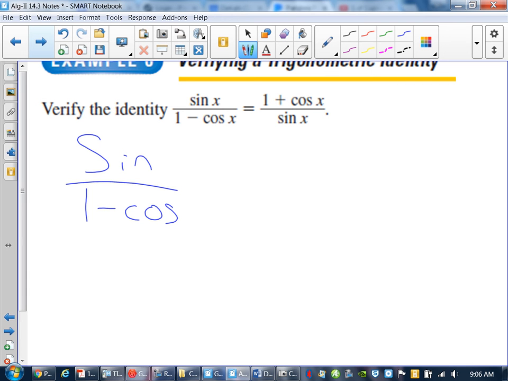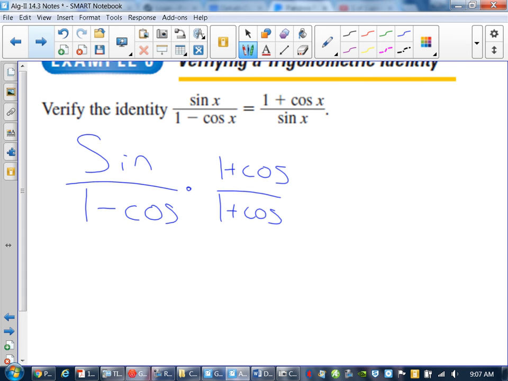Instead of 1 minus cosine, I'll multiply it by 1 plus cosine, because 1 plus cosine divided by 1 plus cosine is 1. All I'm doing here is multiplying by some factor of 1. It just so happens to look complicated because you've got the word cosine in it. That's all.